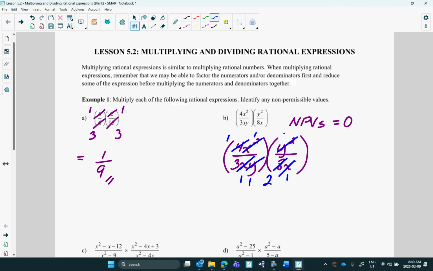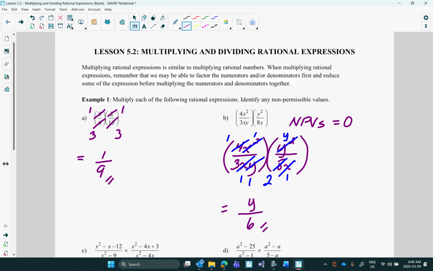Y squared divided by y is y. So now I am left with 1 times 1 times y, which is just plain old y. And on the bottom, I'm left with 3 times 1 times 1 times 2 times 1, which is 6. That's it.